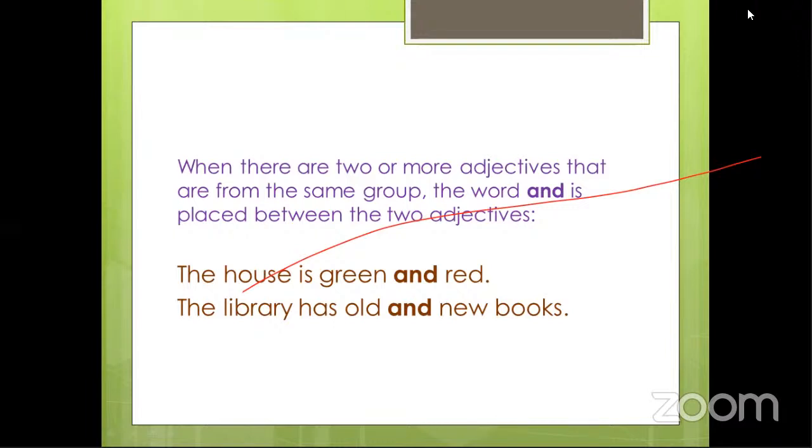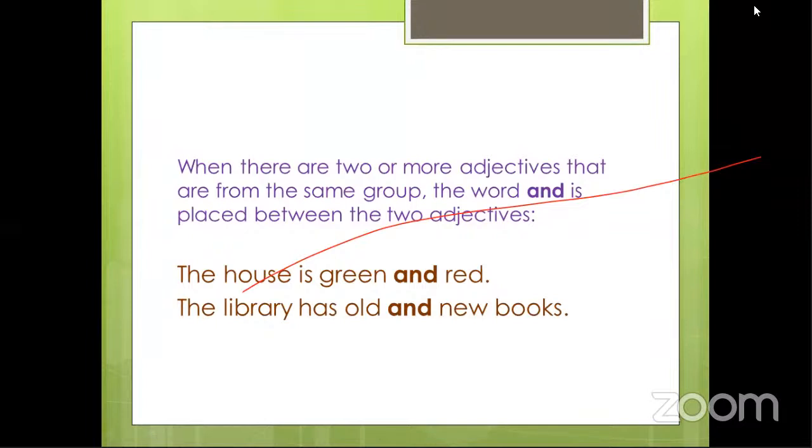The library has old and new books. Okay, thank you. So we have been told that once there are two or more adjectives in the same sentence, we put the conjunction and between them.